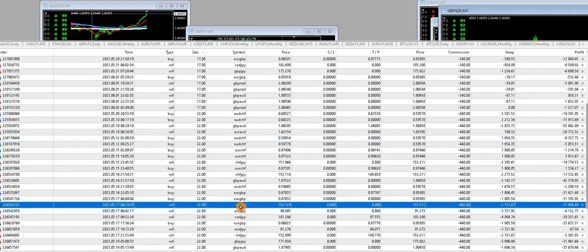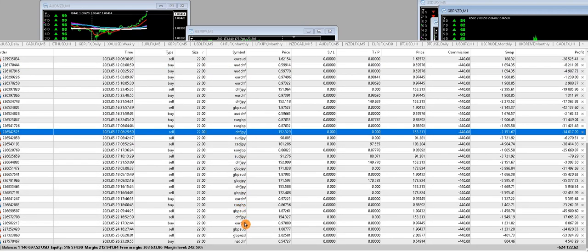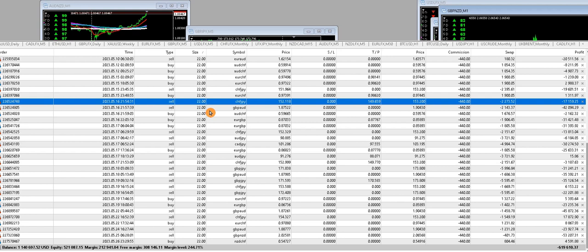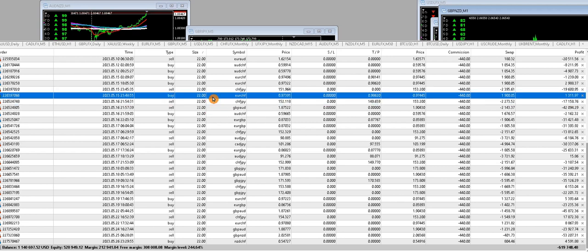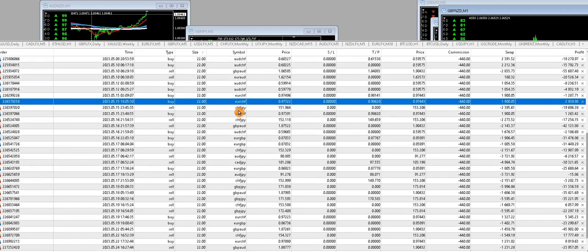But for now, is any of these 22 yens finally winning here? There's one there, which is euro. The Swisses are coming together finally. It's good.